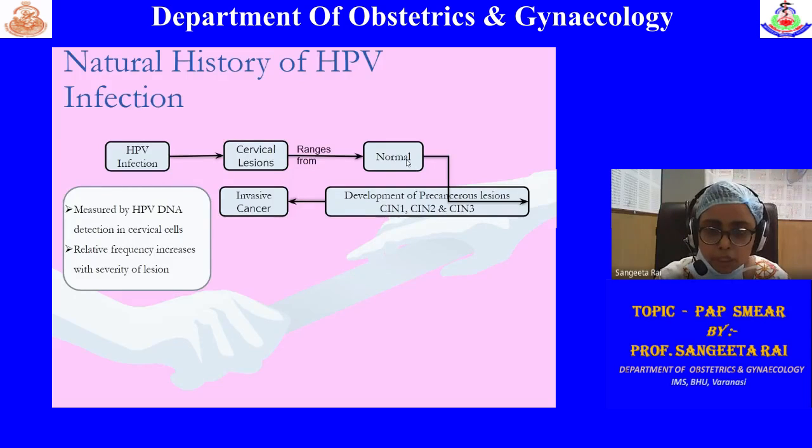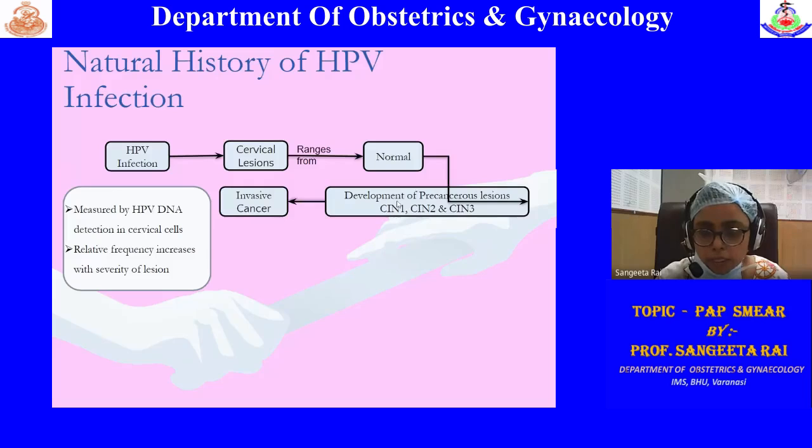But if the immunity is not good and there is persistent HPV infection, then the transformation zone, the lining of the squamous epithelium, changes, and this will lead to precancerous lesions, that is cervical intraepithelial neoplasia 1, 2 and 3.